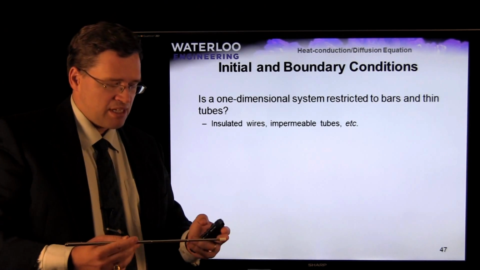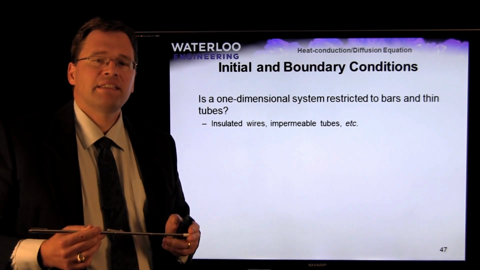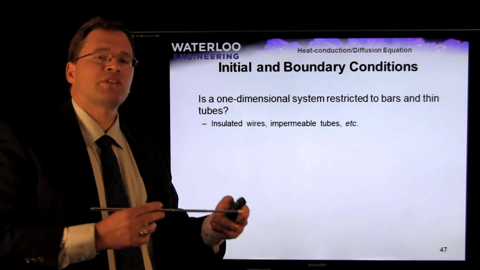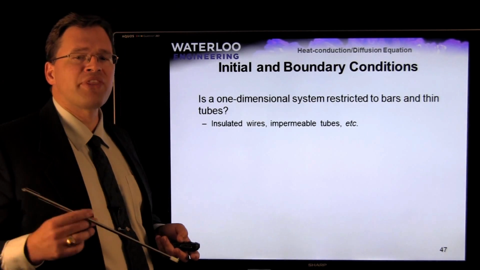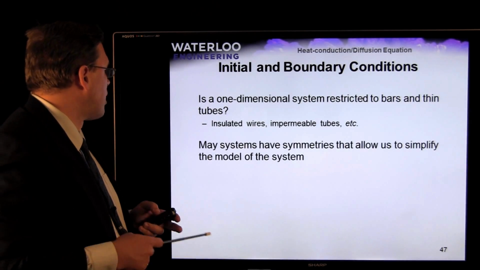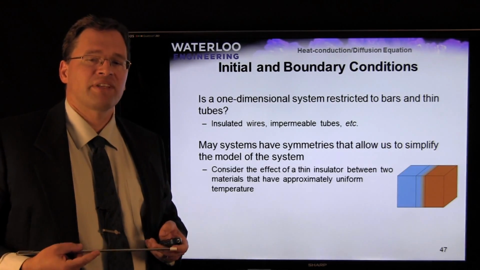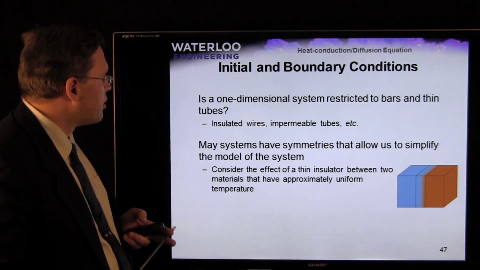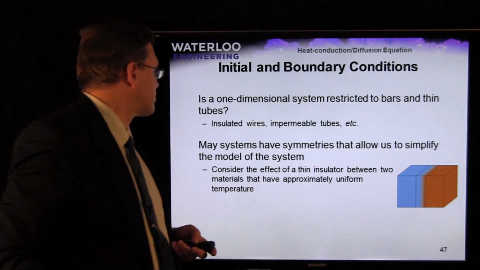Now, up until now I've been discussing bars. Is the heat conduction diffusion restricted to one dimension, only applicable to bars or thin tubes? Well, not really. Most systems have symmetry that allows us to simplify the model of the system. So for example, you might have a thin insulator between two materials that have significantly different temperature.